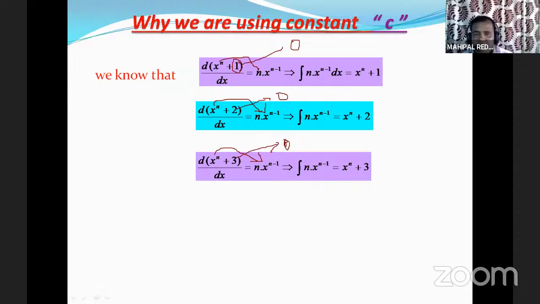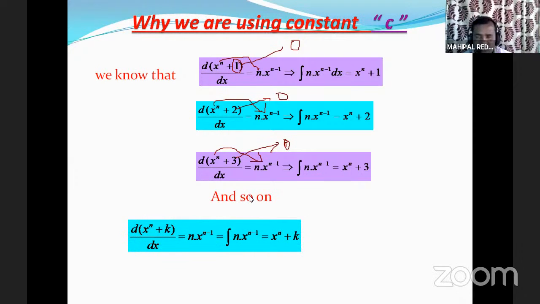For n into x power n minus 1, the first time we get x power n plus 1, the second time x power n plus 2, and then x power n plus 3, and so on, using constant values 4, 5. Similarly, I am using the k.